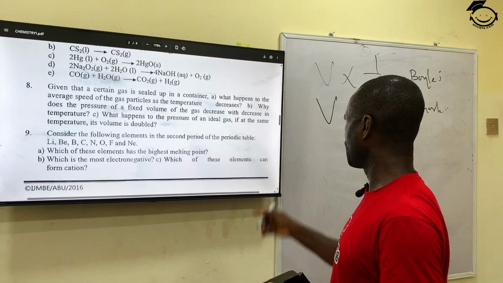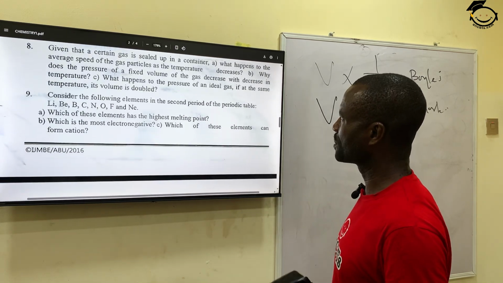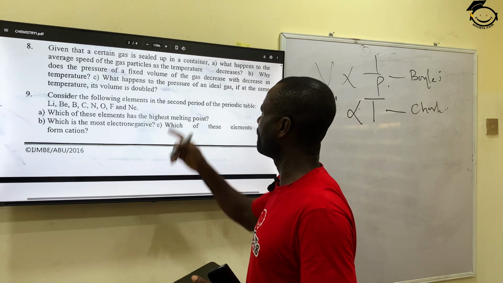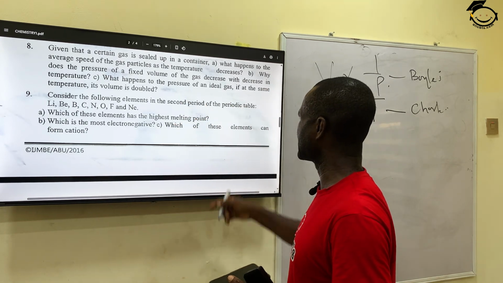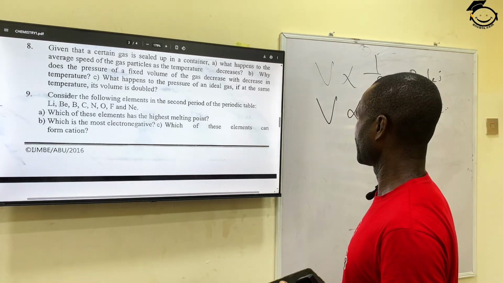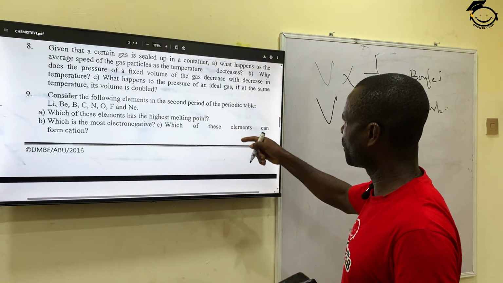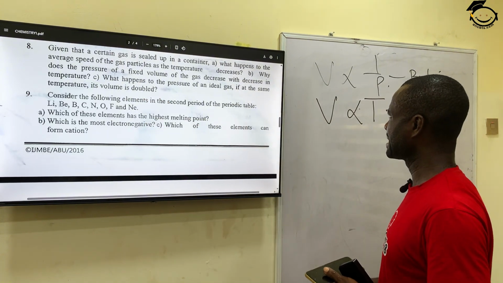Question B says, why does the pressure of a fixed volume of gas decrease with a decrease in temperature?